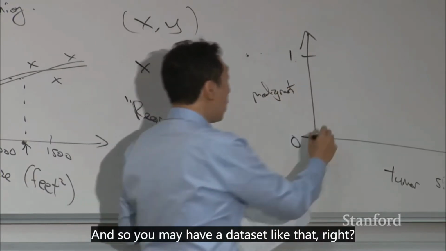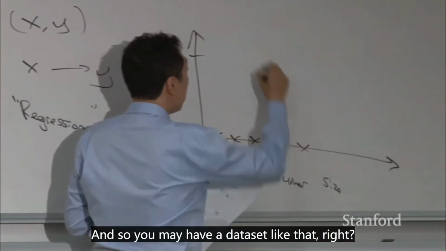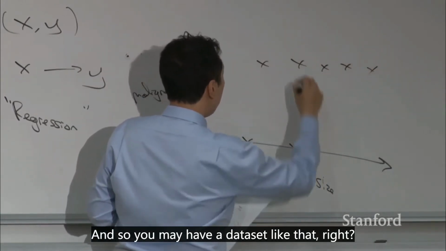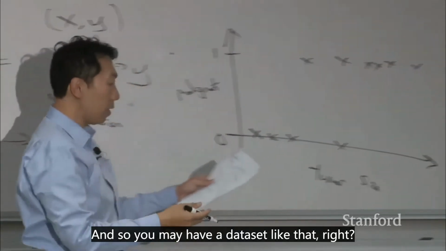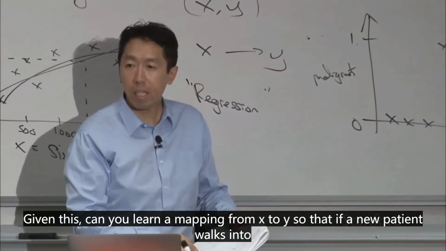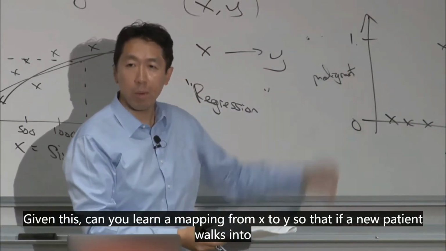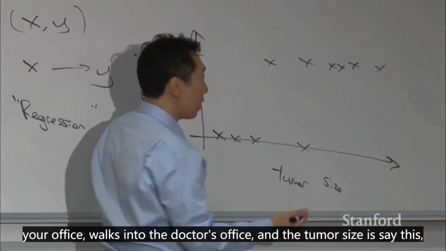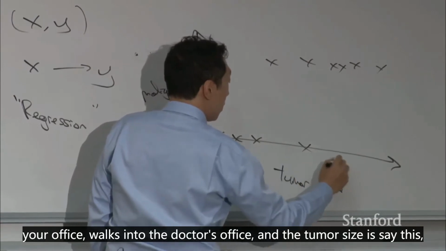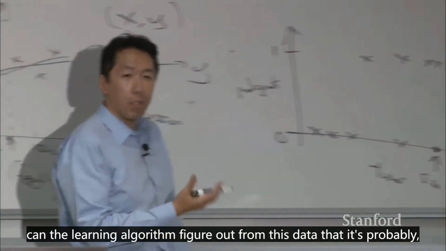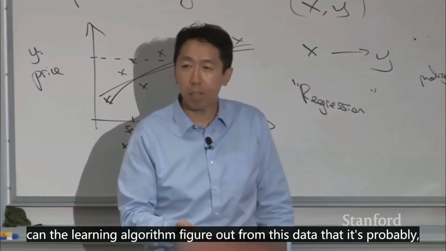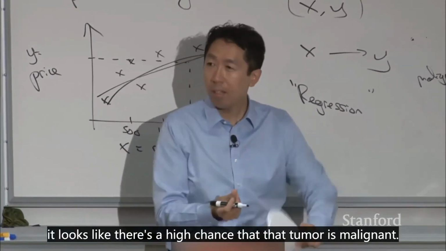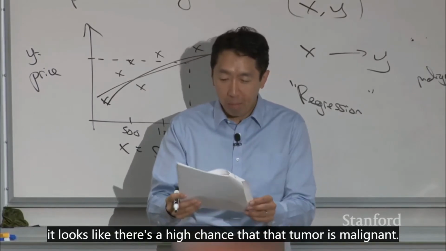And so you may have a data set like that. Given this, can you learn a mapping from X to Y, so that if a new patient walks into the doctor's office and the tumor size is, say, this, the learning algorithm can figure out from this data set that there's a high chance the tumor is malignant?